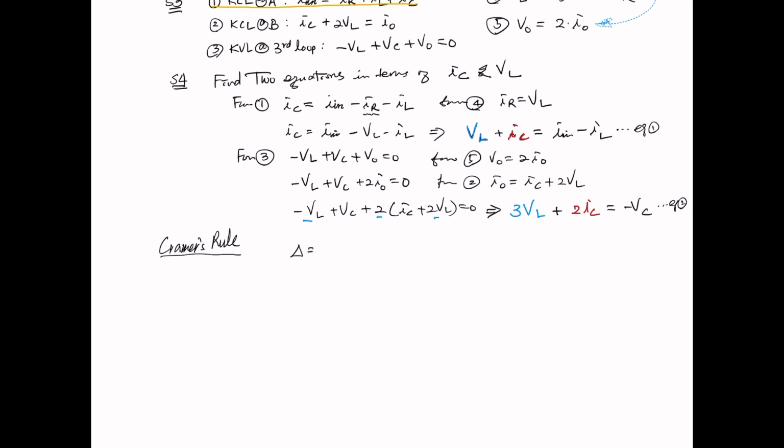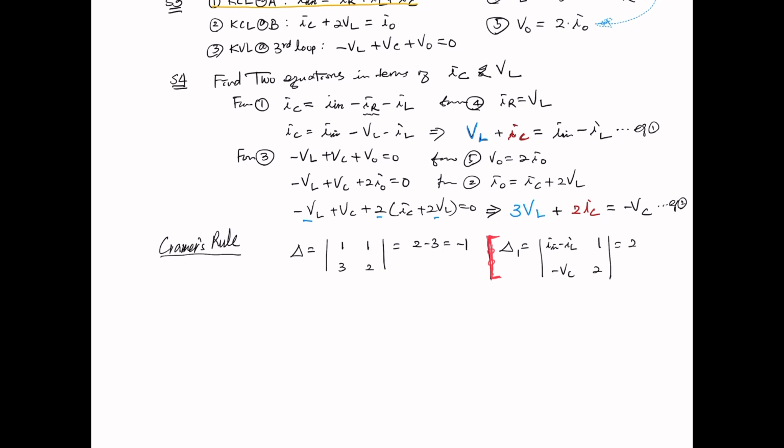If we do delta, the coefficients of VL and IC: from the first equation, we have 1, 1. And from the second equation, we have 3 and 2. That is 2 minus 3, which is negative 1. Then delta 1 uses the first column, which is I in minus IL minus VC, and the second column, which is 1 and 2.